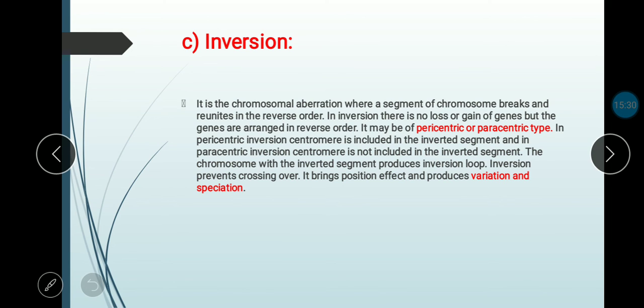In pericentric inversion, the centromere is included in the inverted segment, and in paracentric inversion, it is not. The chromosome with the inverted segment produces an inversion loop. Inversion prevents crossing over. It brings positional effect and produces variations and speciation.